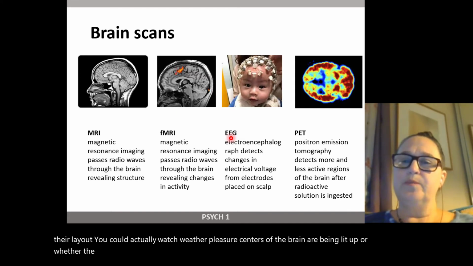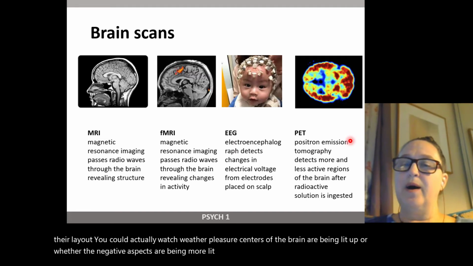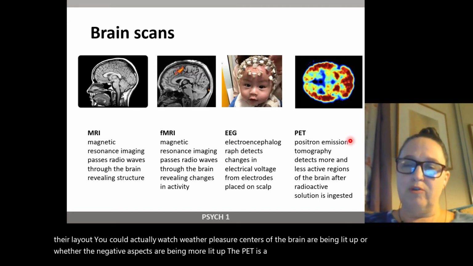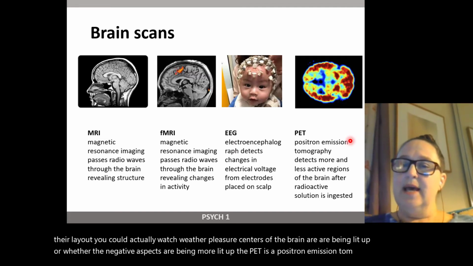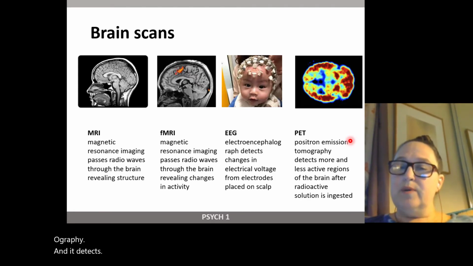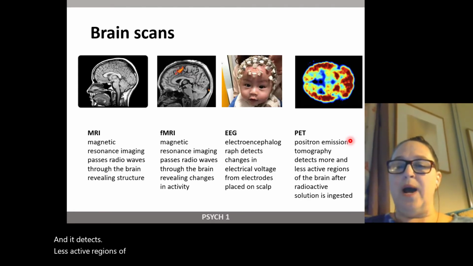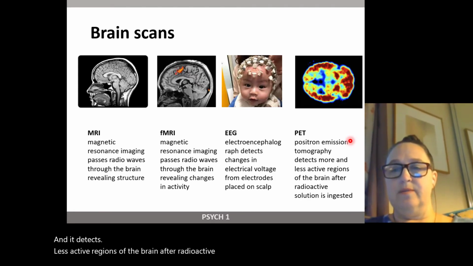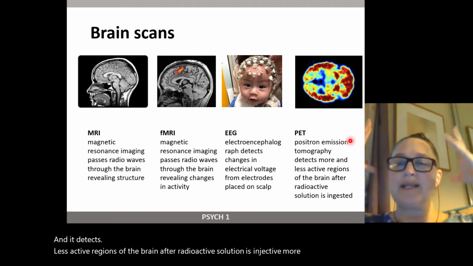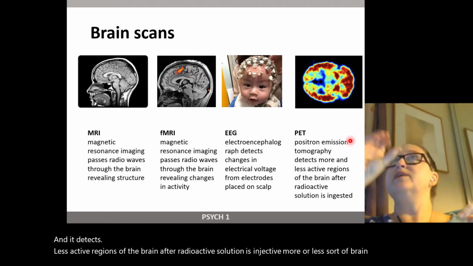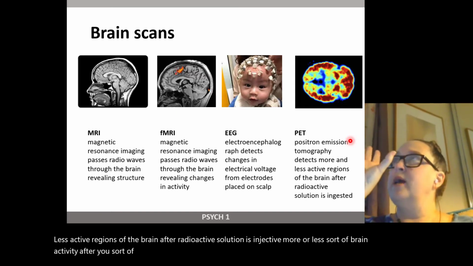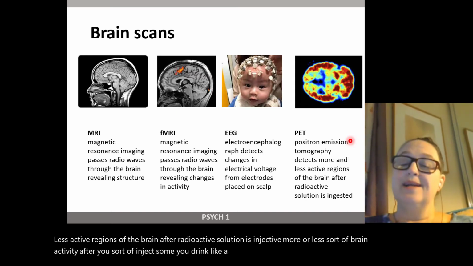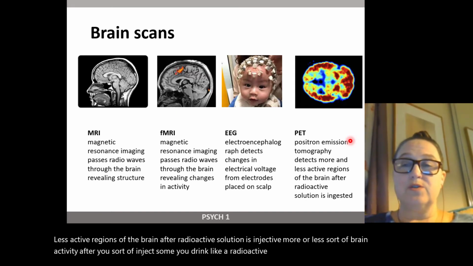The PET is a positron emission tomography, and it detects less active regions of the brain after a radioactive solution is injected. More or less, it's brain activity after you inject, or drink, a radioactive liquid. As far as we know, it's not going to hurt you.